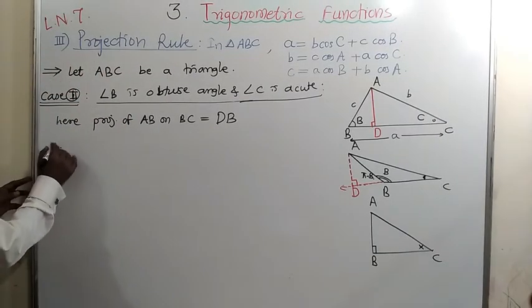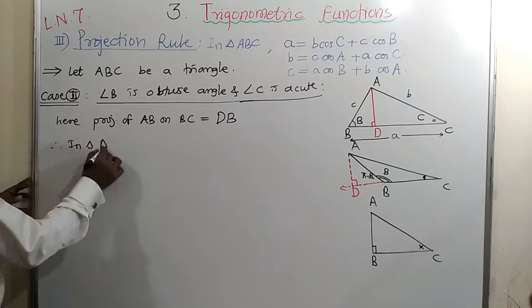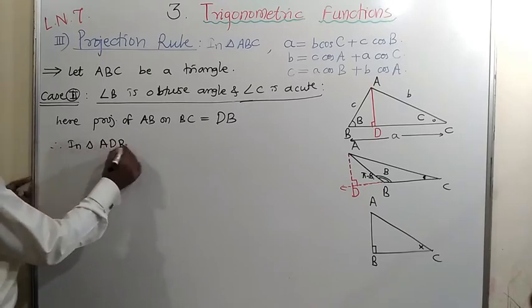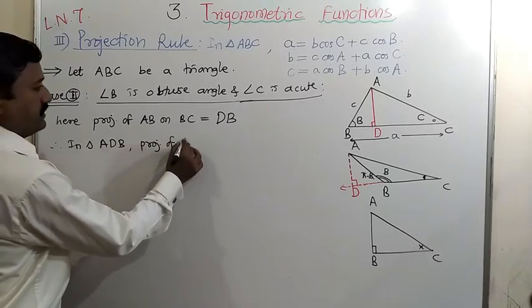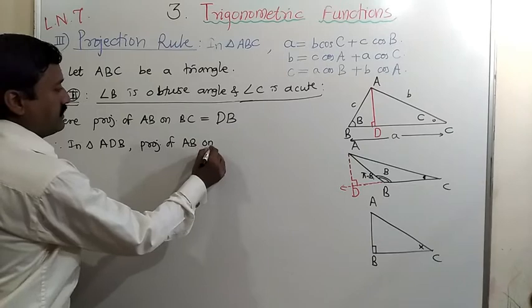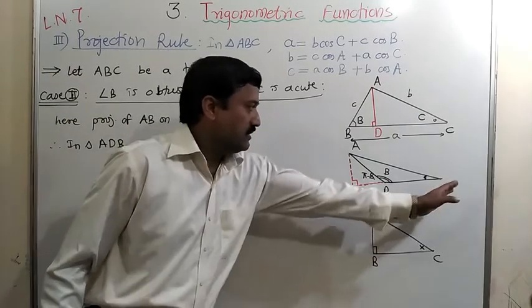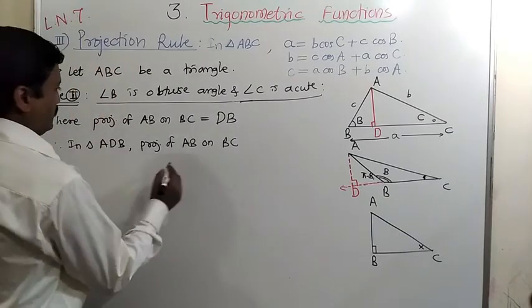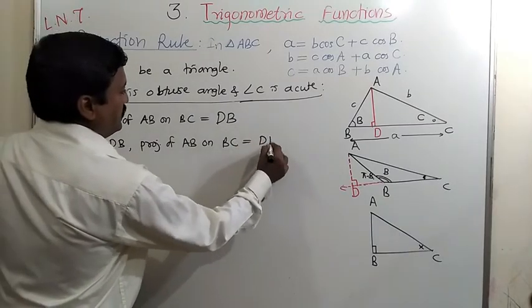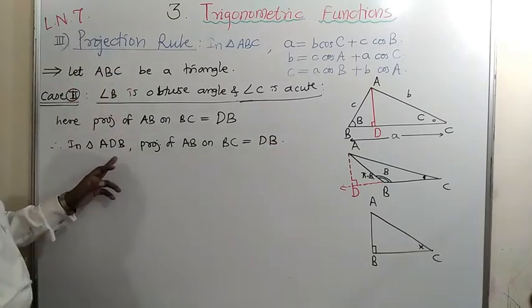Therefore, in triangle ADB, the projection of AB on actual side BC is equal to DB.